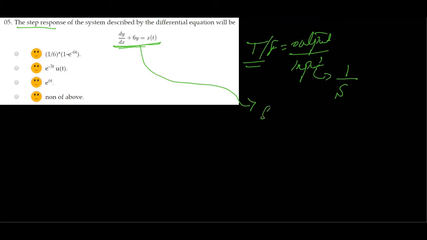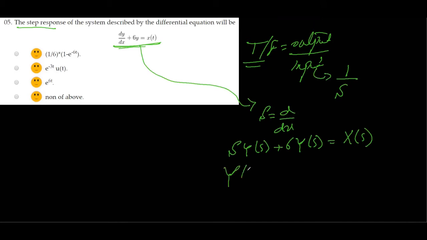As we know, S is equal to d by dx. So that will be S into capital Y(S) plus 6 into capital Y(S), and that's equal to capital X(S). So Y(S) times (S plus 6) is equal to X(S).